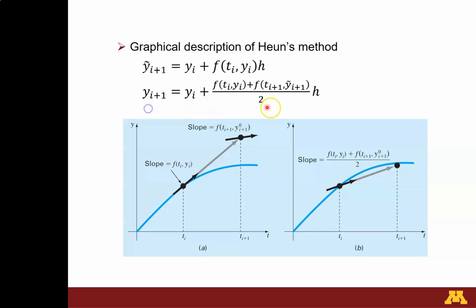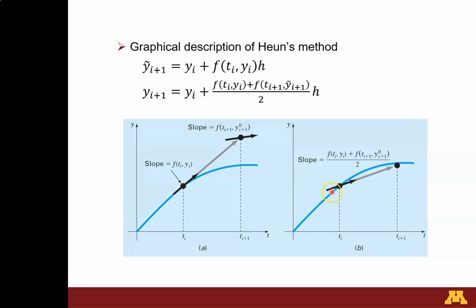And then we have this correction. We get yi plus 1. This is the solution of the Heun method. So the key point is the average of the two slopes.